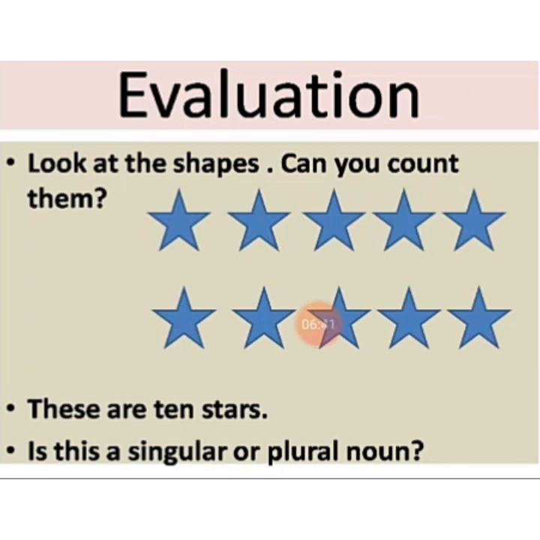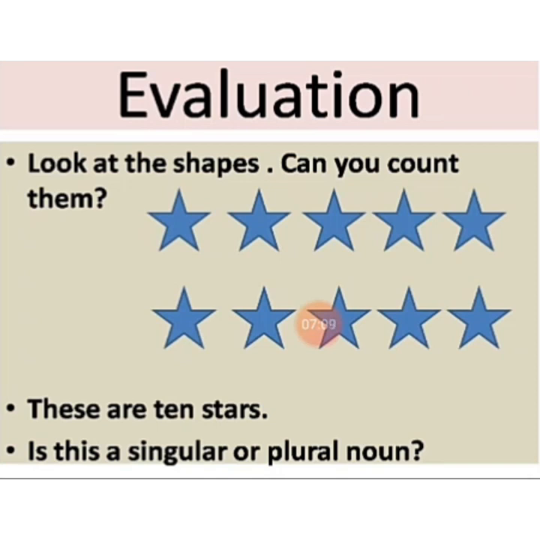Good. But is this a singular or plural noun? As you can see, it is more than one. Therefore, it is a plural noun. So, we can count them, but it is not just one. There are plenty, there are more than one. So we call it a plural countable noun.